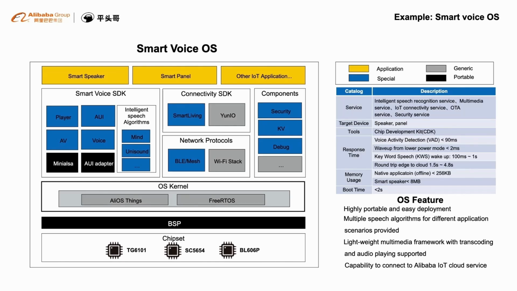Let's make an example to create a smart voice operation system that could be deployed in a speaker. This particular device can be a panel or other IoT device that has audio capability. The Smart Voice OS provides services including intelligent speech recognition, multimedia service, some IoT connectivity services such as Bluetooth, Wi-Fi, an OTA service, and a security service.